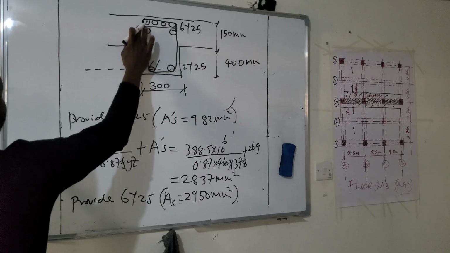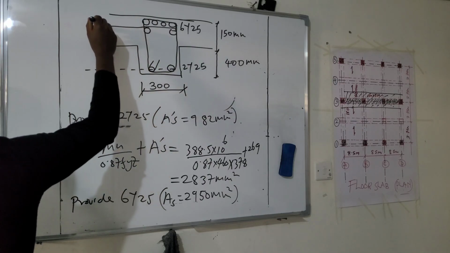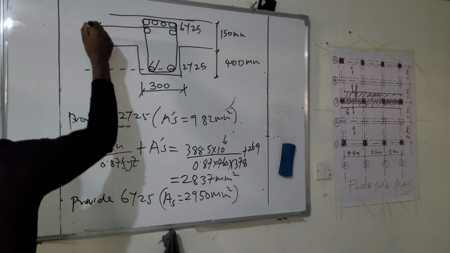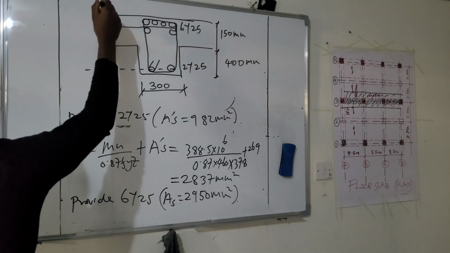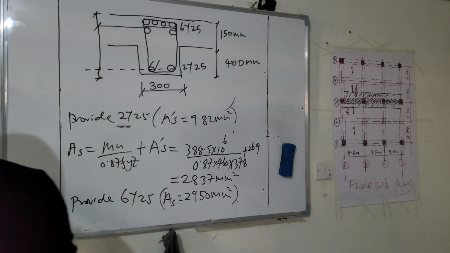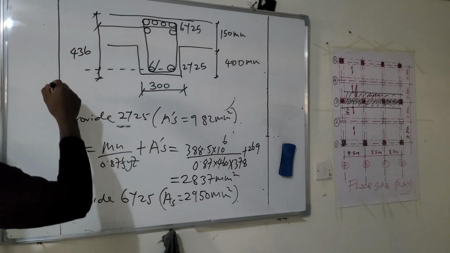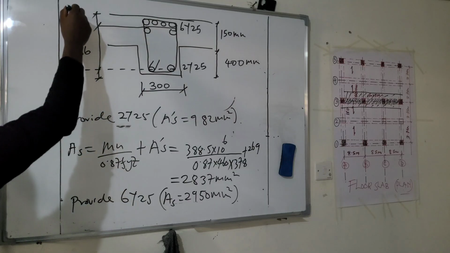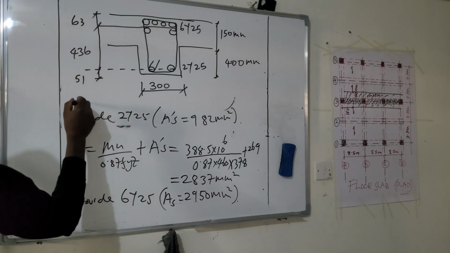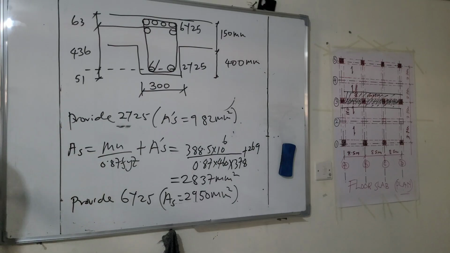So this is the D. This is 436. This is 51, and this is 63, like that.